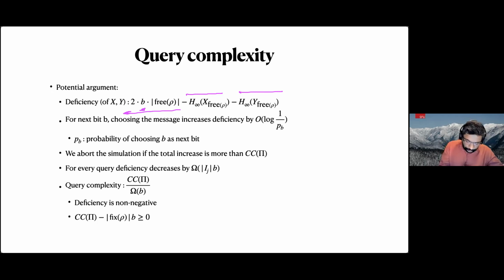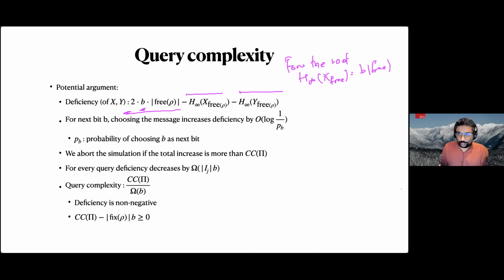So in particular, for the root of the protocol, this H infinity of x free is the maximum, right? This is just b times cardinality free. And similarly, H infinity of y free is also b times cardinality free.